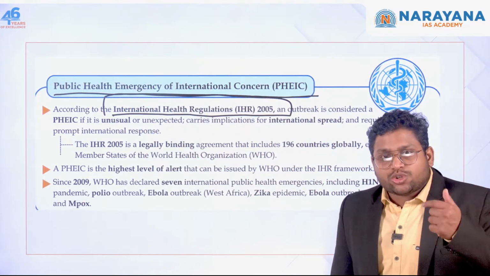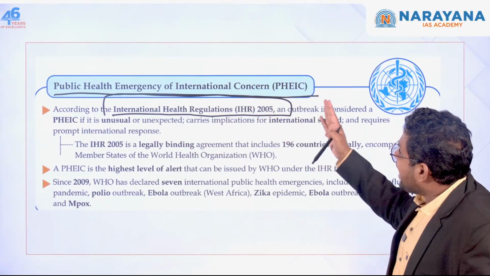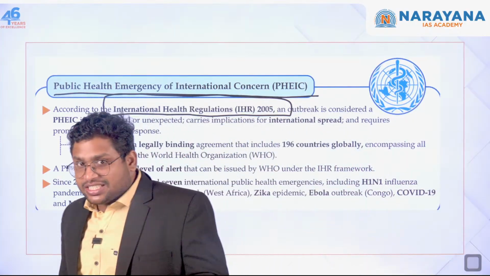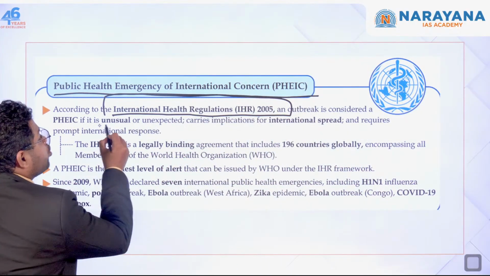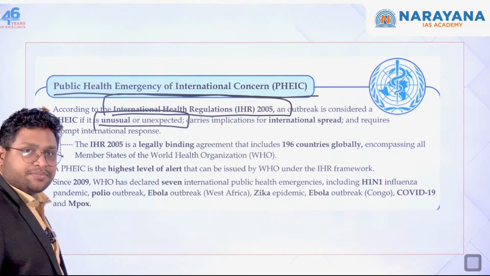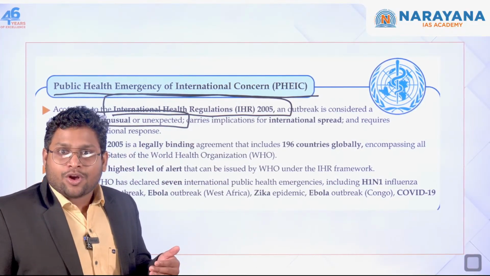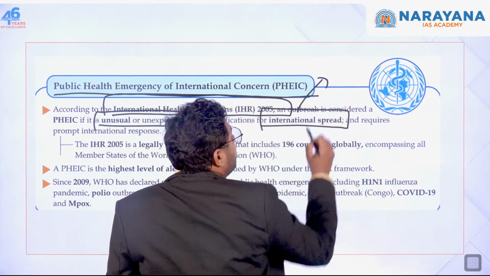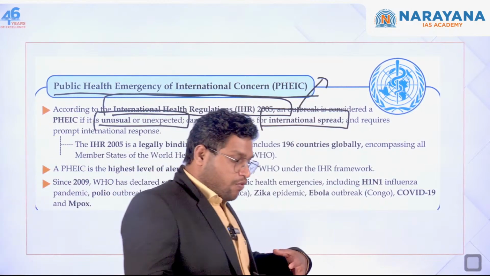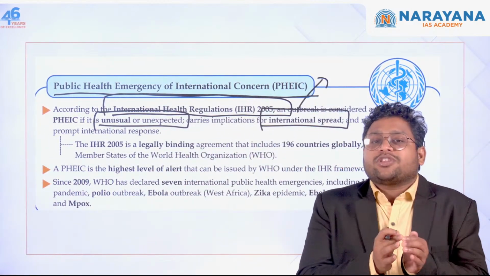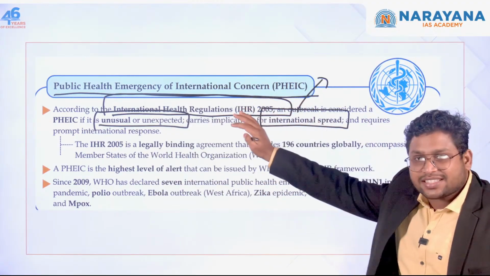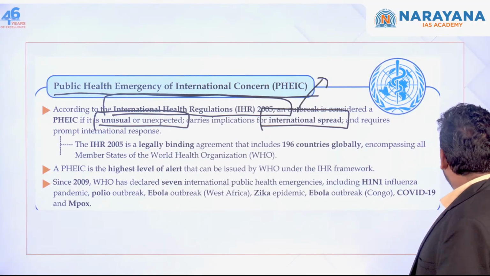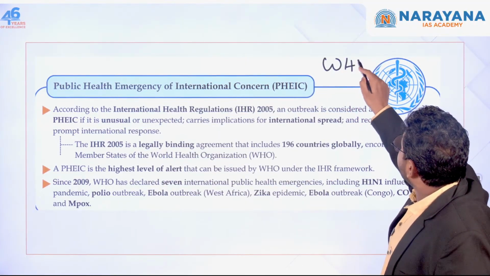Using these, if there is any disease spreading in an unusual or unexpected manner, with possible international spread and the possibility of a pandemic, or it may cause problems for the entire world, obviously some international response is needed. That's when WHO comes into the picture.